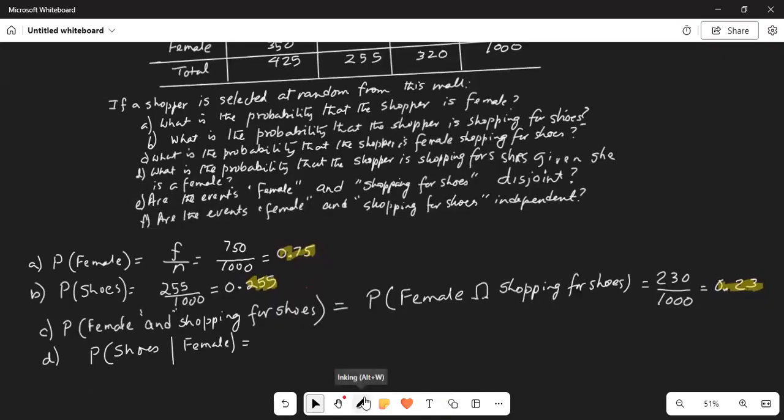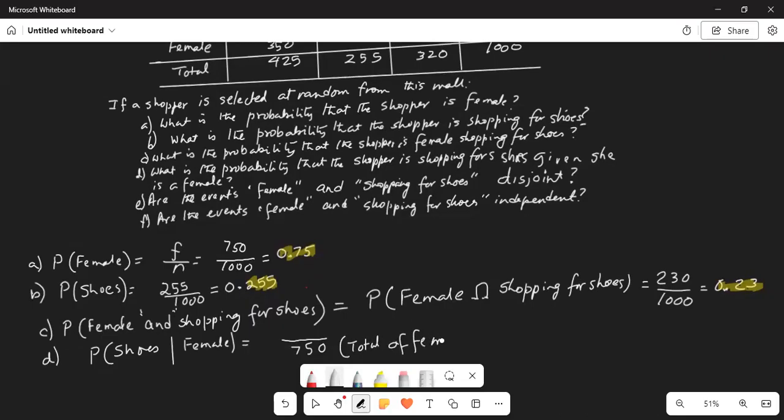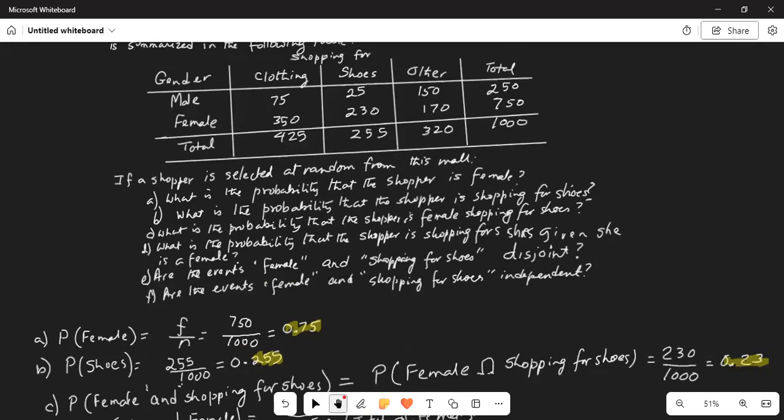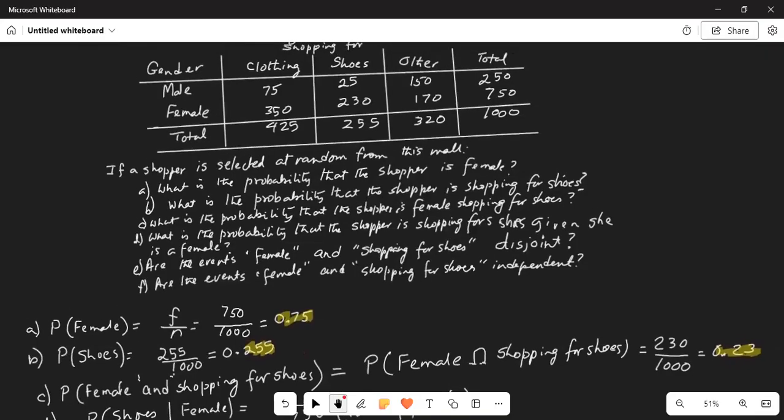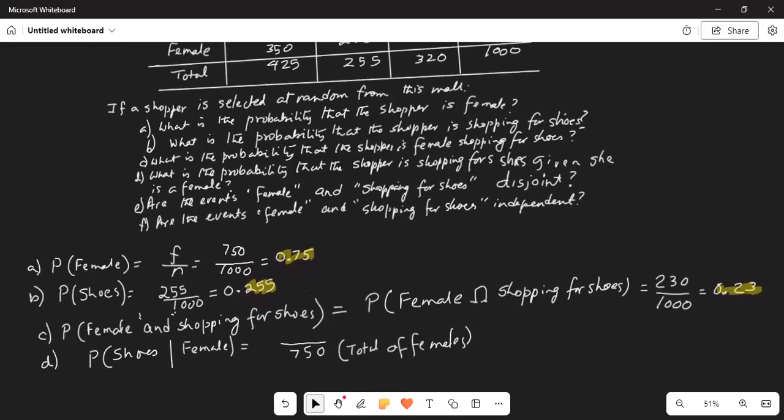Given means that happened first. That event, female, happened first. So the total of that is 750. This is the total of females. Out of them, 230 are shopping for shoes.